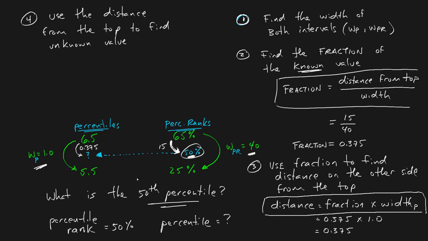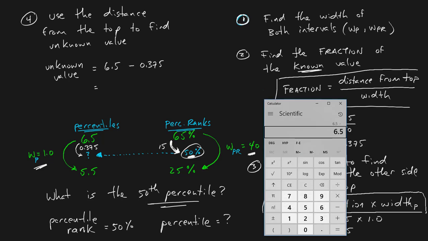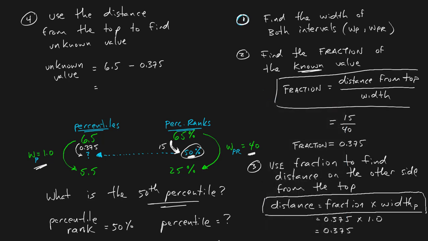So I have 6.5, so my unknown value is equal to 6.5 minus the distance from the top, 0.375. And so 6.5 minus 0.375 gives me 6.125. And so that is my answer. It's 6.125. That is the missing value that's over here.